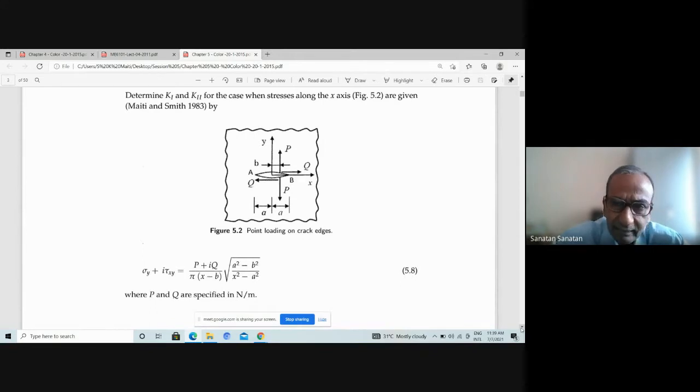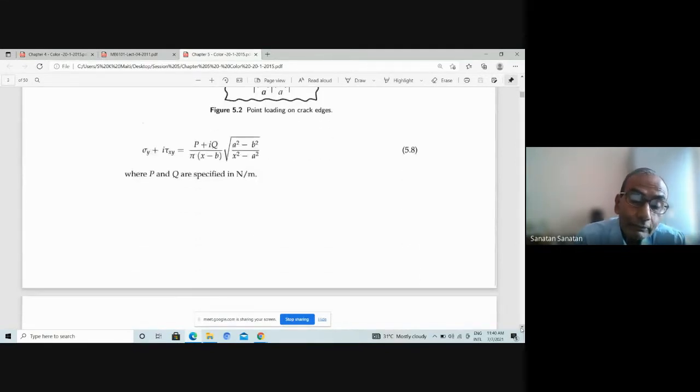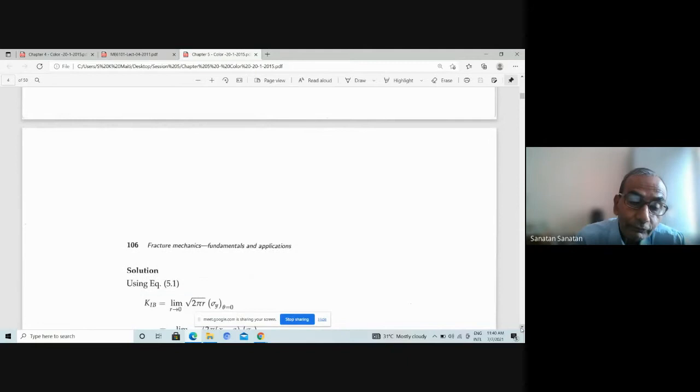Then in that case, the solution for the stresses sigma y and tau xy, because P is going to give rise to opening mode and Q is going to give rise to mode 2, then the stresses at any point are going to be given by P plus iQ divided by pi into x minus b, square root of a square minus b square divided by x square minus a square, where P and Q are loads, specified in units of Newton per meter length. So these are the solutions.